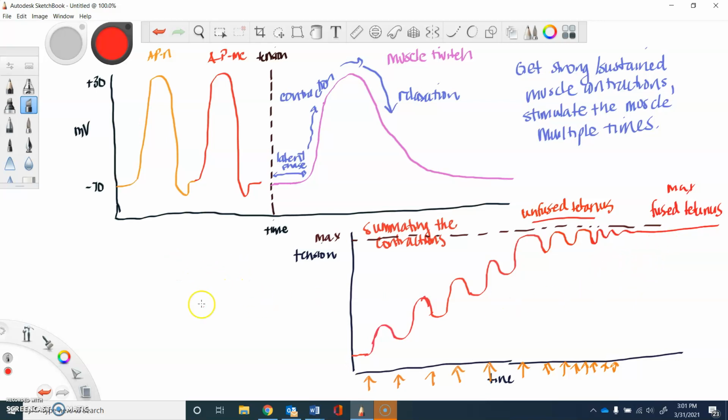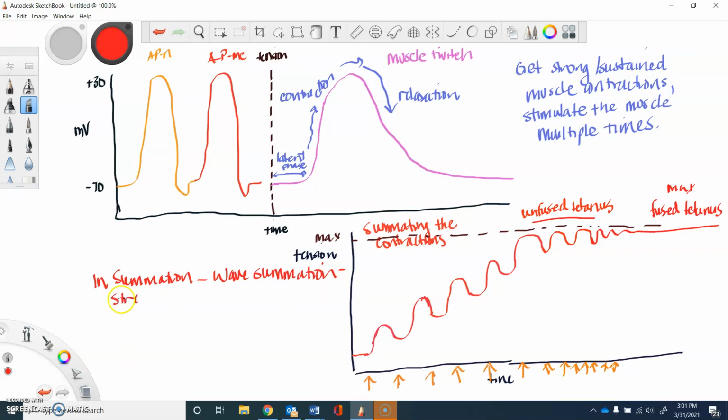But in summation, and we call this wave summation, we increase the power and increase the strength.